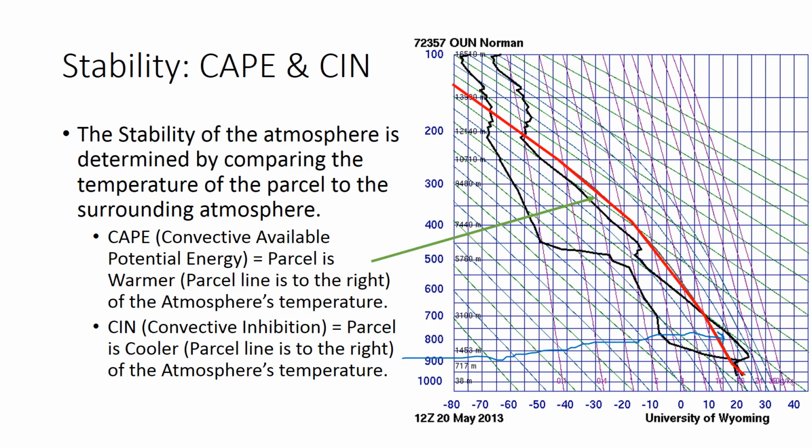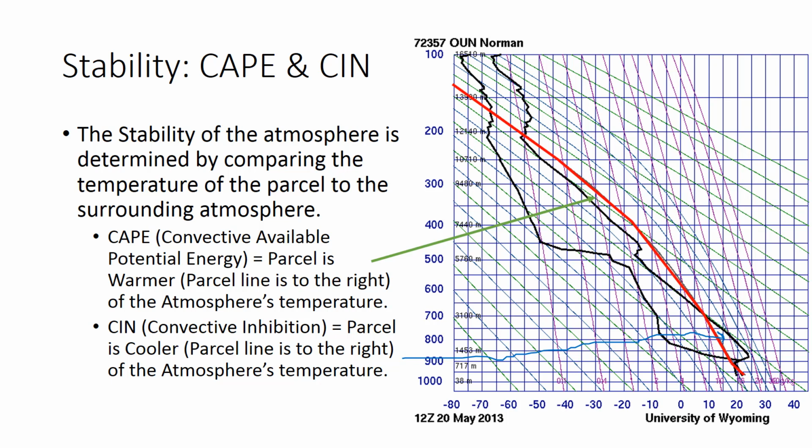So once you actually get to a height of approximately 700 millibars, everything above that, up until almost 200 millibars, the parcel is actually warmer than the surrounding atmosphere. This is what is called CAPE, convective available potential energy. In this case, if you take the parcel and you push it up, and it makes it to this height, it is able to rise on its own.